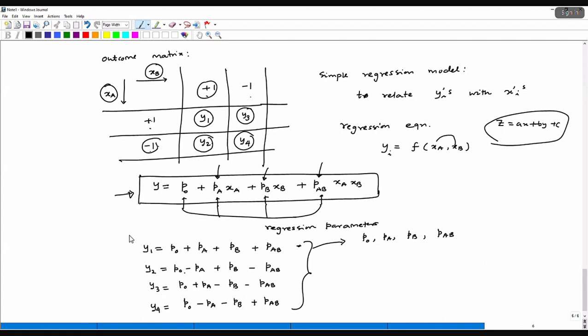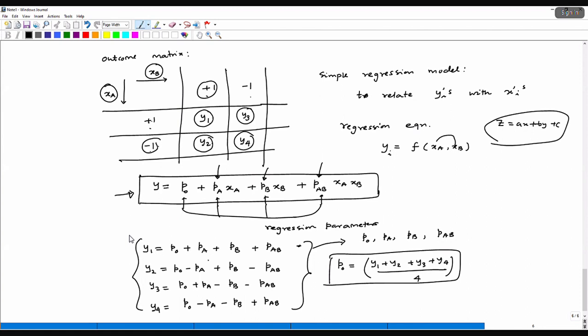Okay, and you can see from here that your p naught is nothing but the mean of all the y's, y1, y2, y3, y4 divided by 4, will give you p naught.